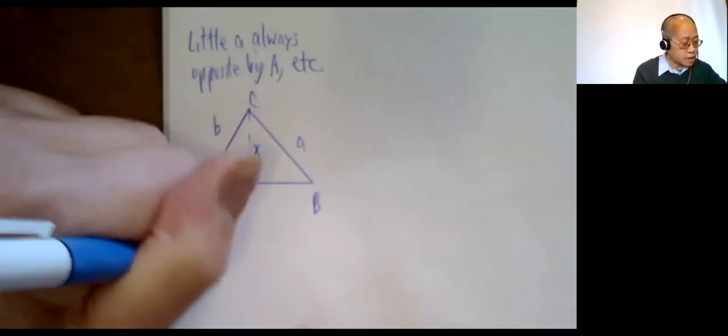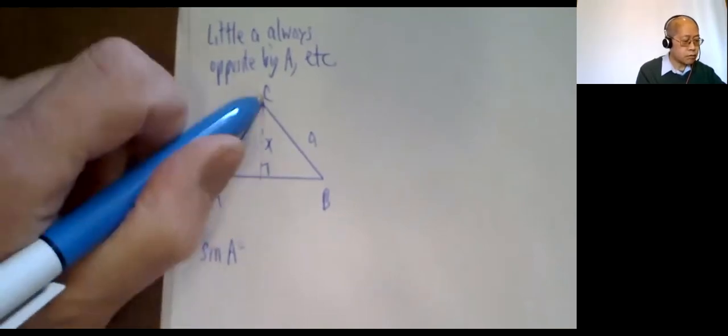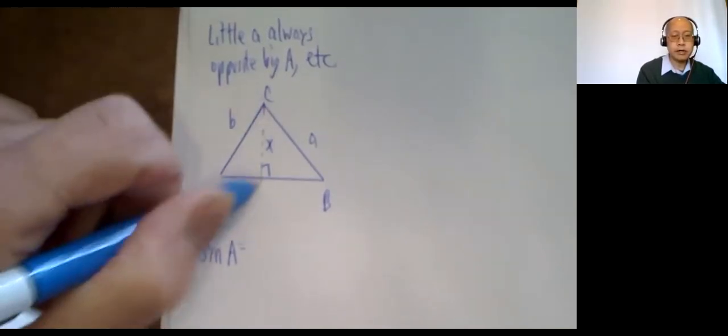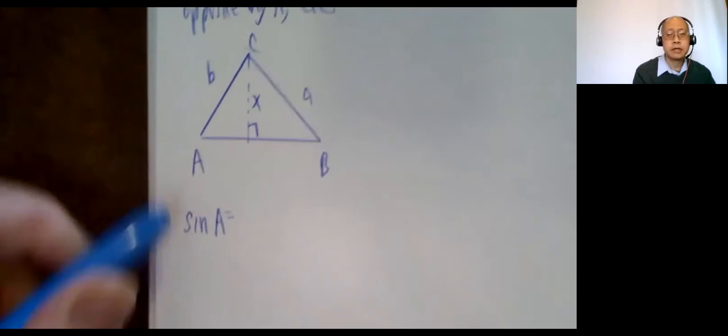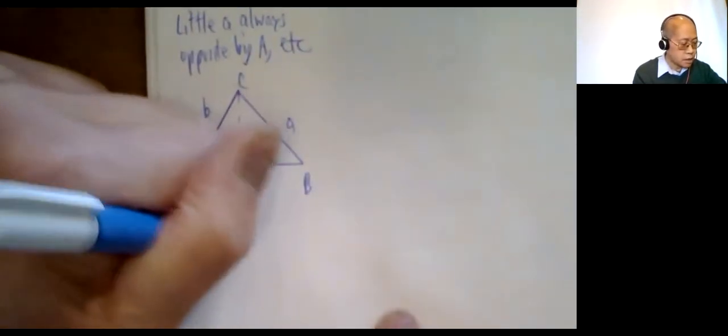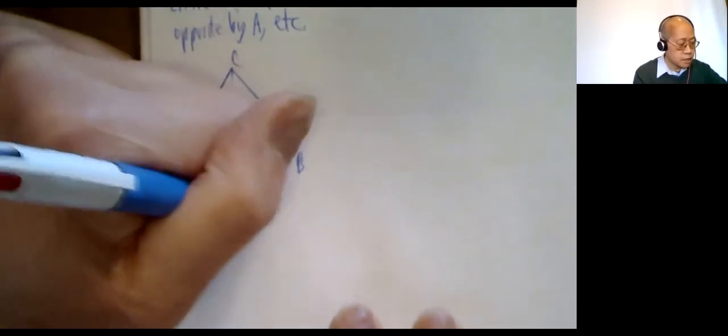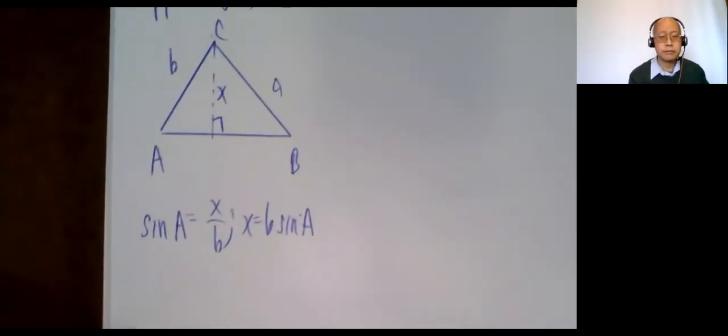Can you tell me what's the sine of A using this triangle right here? Opposite over hypotenuse. x over b. Okay. Multiply both sides by b. x is b sine of A. Agree?